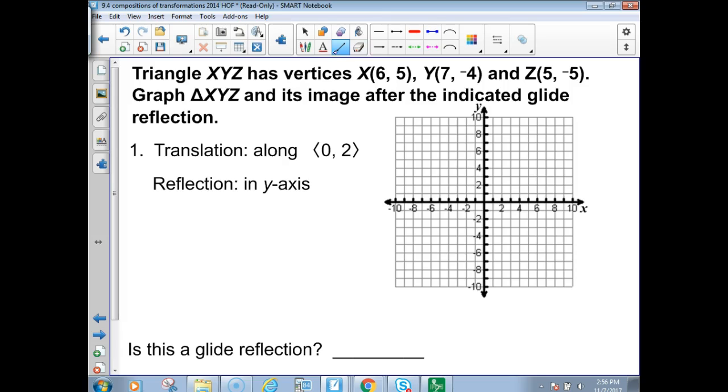All right, the next one, we've got triangle XYZ with vertices at 6, 5. We've got to start plotting. So 6, 5 is right 6, up 5. Label that X. 7, -4 is right 7, down 4 from the origin. 5, -5.